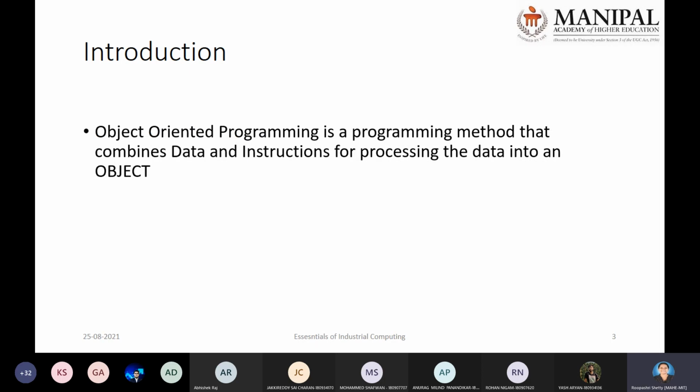So the two important things here in object-oriented programming are data and instructions for processing data. These data and the instructions, or what we call methods, which operate on that particular data, are combined together to form something called objects. That is why the name object-oriented programming.